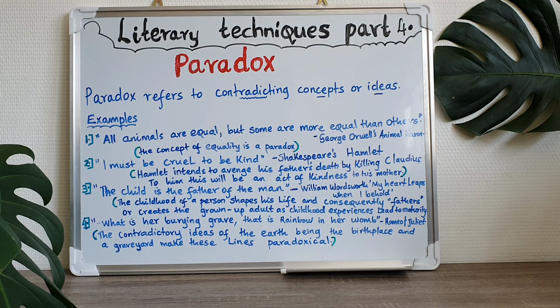Now, paradox is often used or employed by writers or poets, for example, to accentuate or to underscore a specific tone. Okay? Sometimes it is also used to accentuate or underscore a specific theme. Like, for example, this particular quote, all animals are equal, but some are more equal than others.